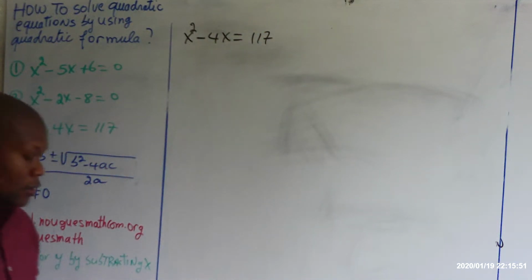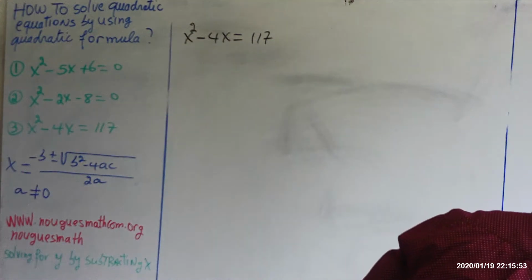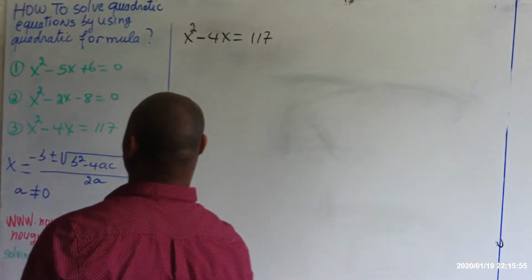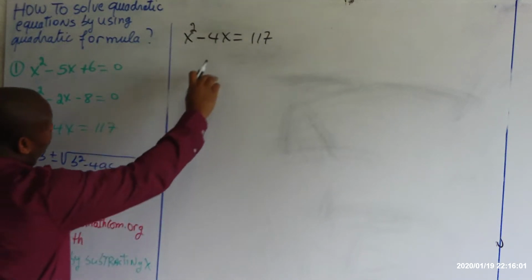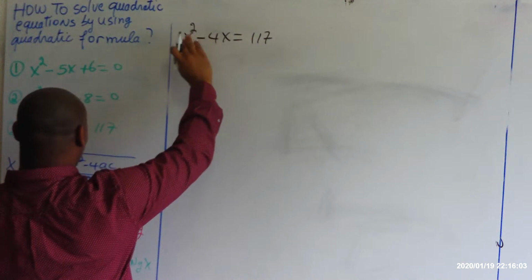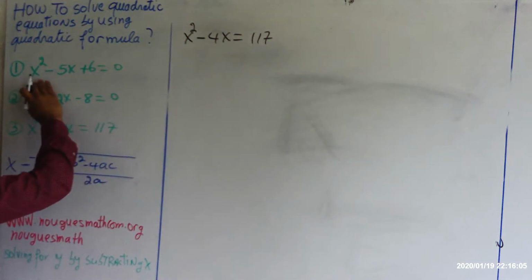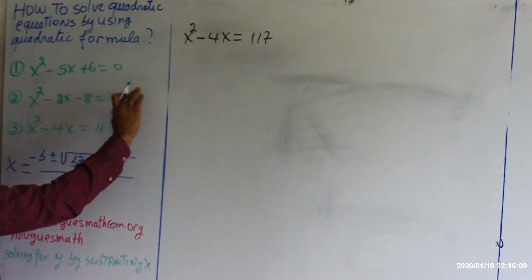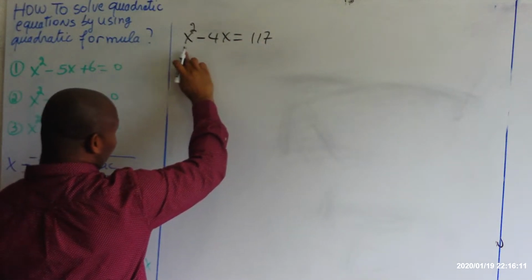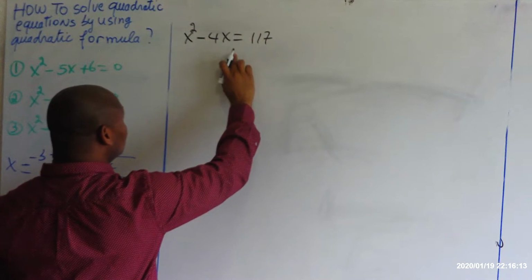Alright, this equation is different from the 2 previous ones. What we're going to do first, we have to convert this equation into an equation like that, where we get this equation equal to 0.